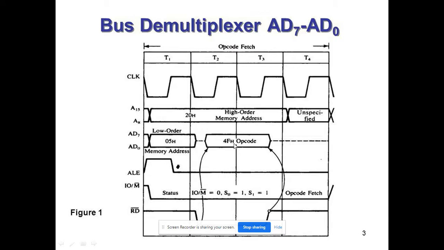The program counter is incremented every time there is a next instruction to be executed, and if it is incremented, it will go to 2050, which is an invalid address, because the next address to be executed should be 2006H. That's why we have to demultiplex the address and data from each other.